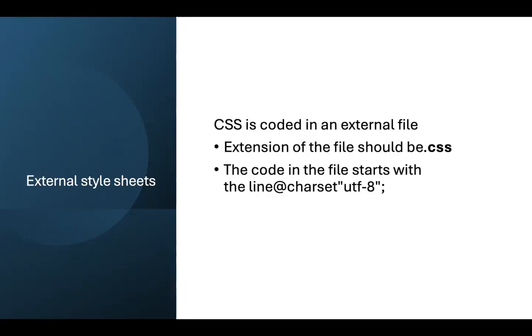So CSS is coded in an external file. The file extension is .css. So we need to then use that .css. The code in the file starts with this line, @charset UTF-8. You need to give this line and you can go through with the styles.